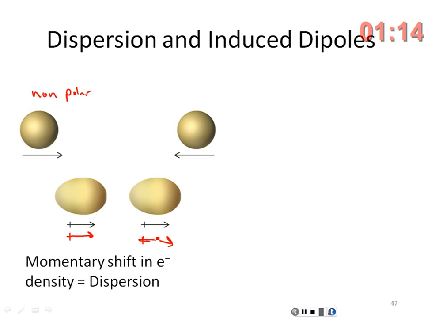And this shift in one molecule's momentary dipole can cause a shift in another molecule's momentary dipole. And they can align where the negative side of one dipole is pointed towards the positive side of the other dipole, and there can be a positive interaction there.